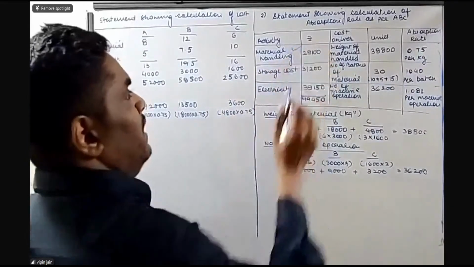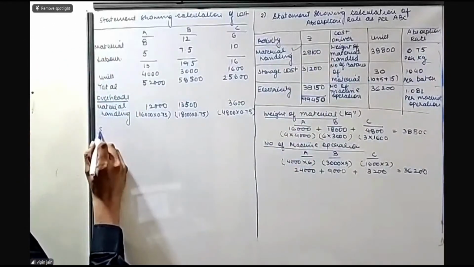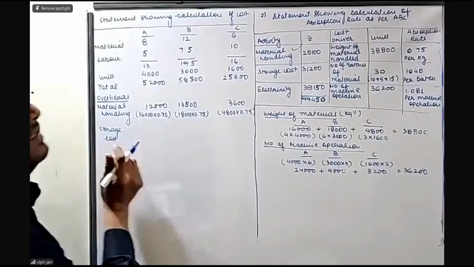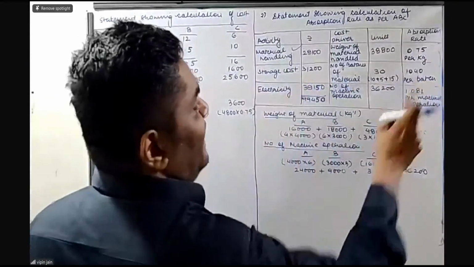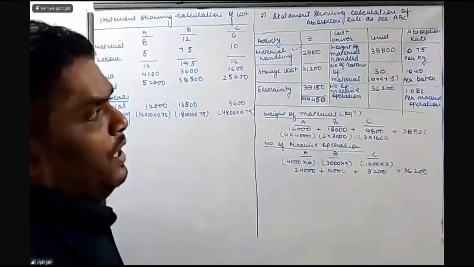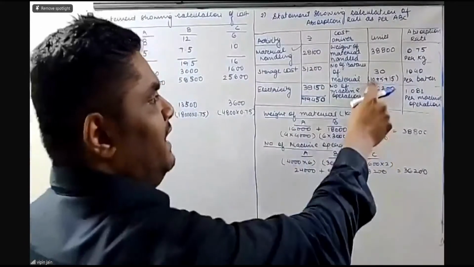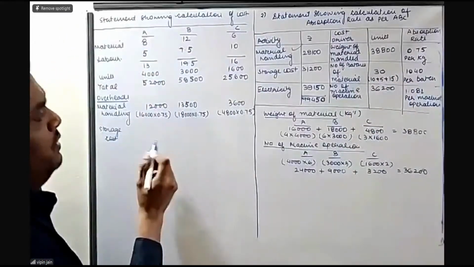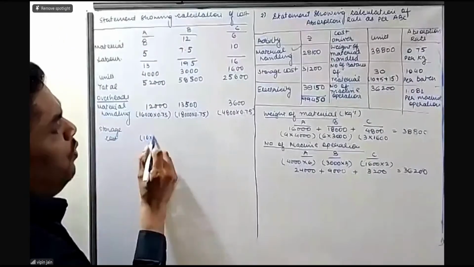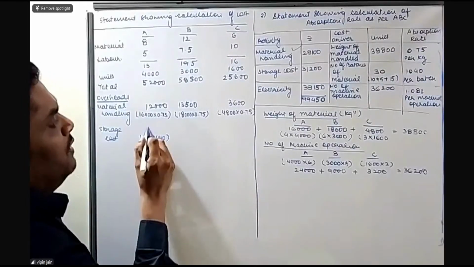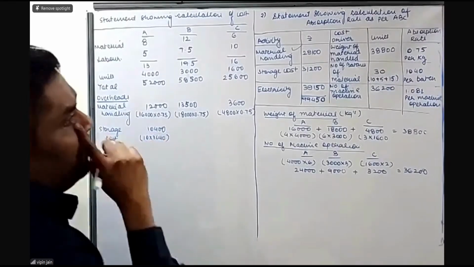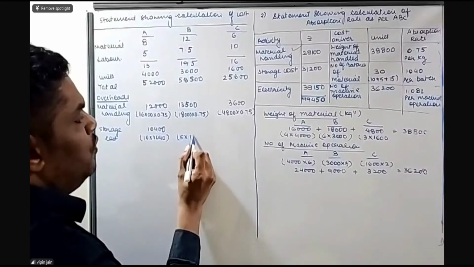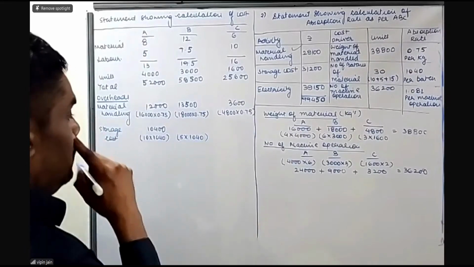So this one is over now. Next is storage cost. It is dependent upon per batch. So when talking about the number of batches, for A, it is 10, for B, it is 5, and for C, it is 15. So 10 into 1040, that is 10,400. 5 into 1040.